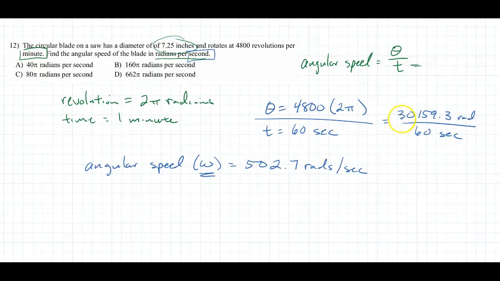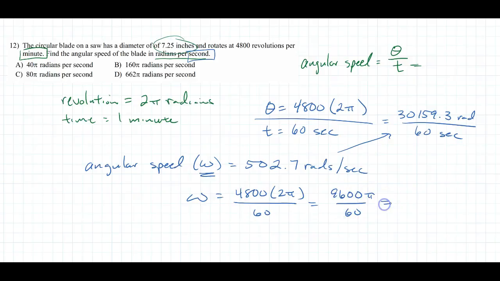So I need to go back up to this step and leave the pi in here. So it's 4,800 times 2 pi over 60 gives me 9,600 pi over 60, which is 160 pi radians per second, which is answer B. And that's going to be it for the 2 quiz questions.